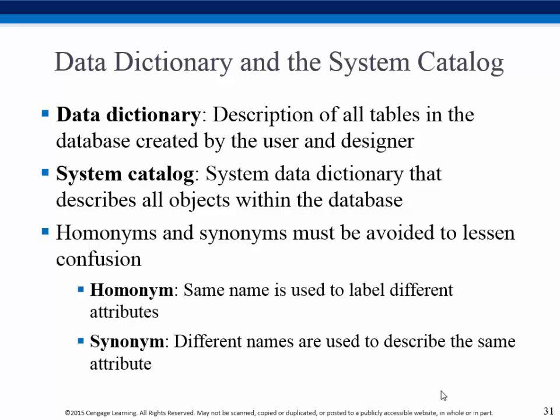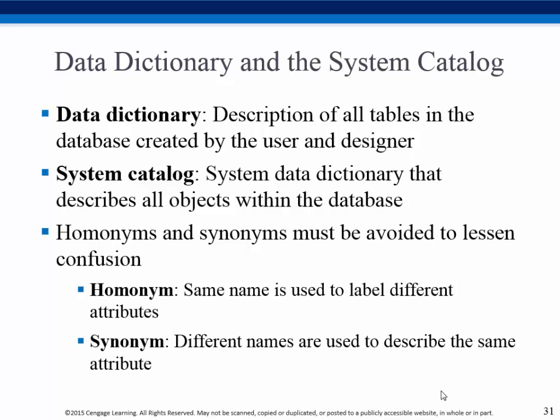In a database context, the word homonym indicates the use of the same name to label different attributes. For example, you might use C_name to label a customer name attribute in a customer table, and use C_name to label a consultant name attribute in a consultant table. To lessen confusion, you should avoid database homonyms.